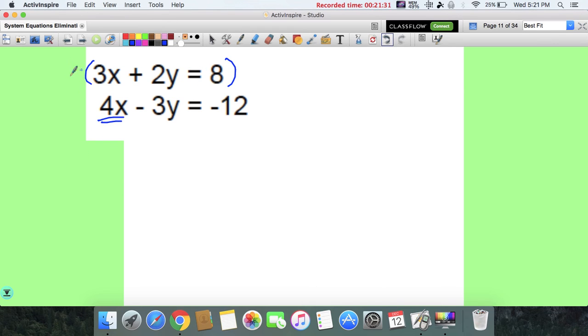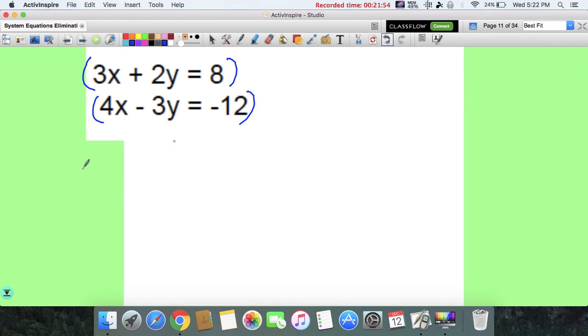I can't. There's nothing multiplied by 3 to give me 4. And likewise, there's nothing I can multiply the 2 by to become 3, so I can't get rid of the y's either. In this case, you're going to have to multiply both equations by something so that they both have the same value. So let's take the y's, for example.